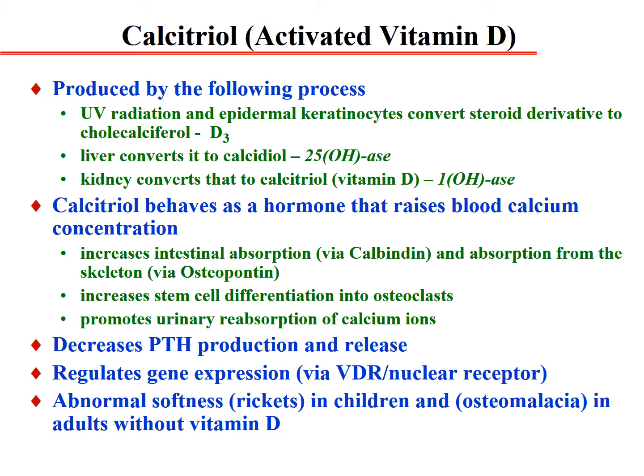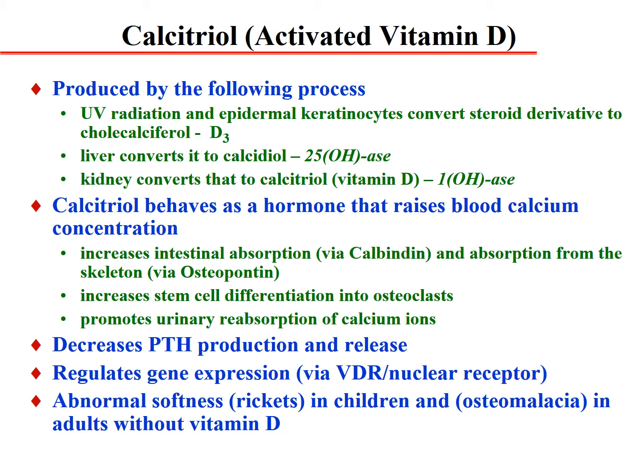Now, calcitriol behaves as a hormone that raises blood calcium, as I mentioned before, and increases the intestinal absorption of the calcium and phosphate. This is going to happen through the calcium-binding protein, or an additional one in the bone, usually done with the osteopontin, or it increases the cells differentiating into the osteoclast.